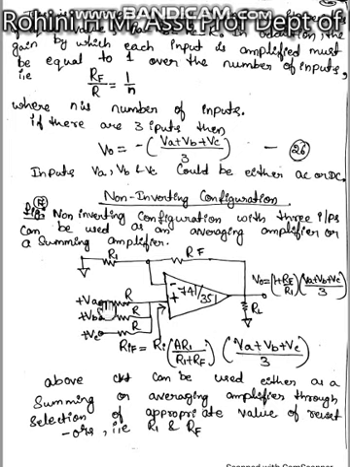We have to take the response when the individual sources act alone. First let us consider VB and VC not acting, that is, terminal B and terminal C are connected to ground. Now the only voltage applied to the circuit is VA. Then we measure the output, which we call V out 1.